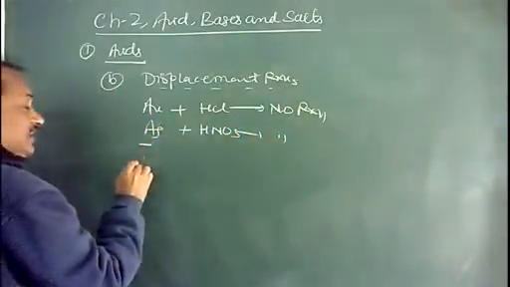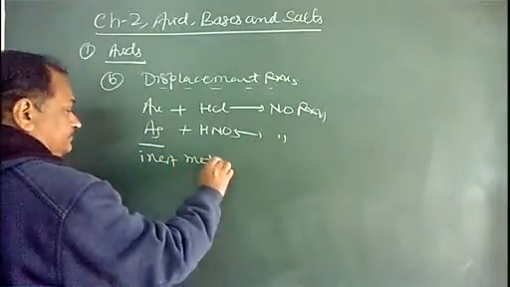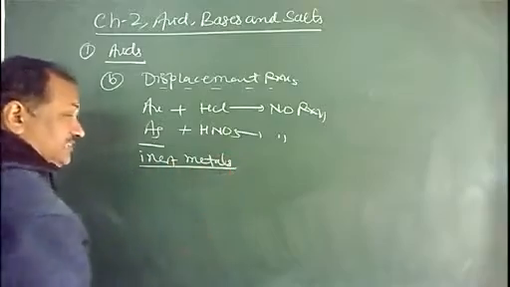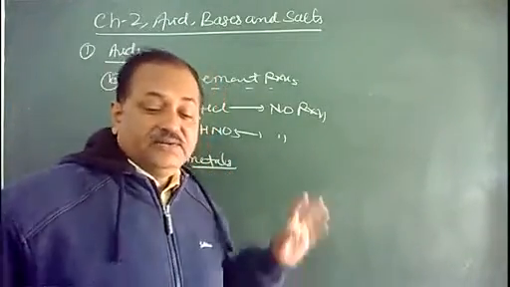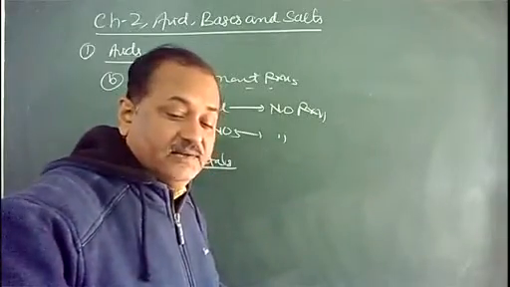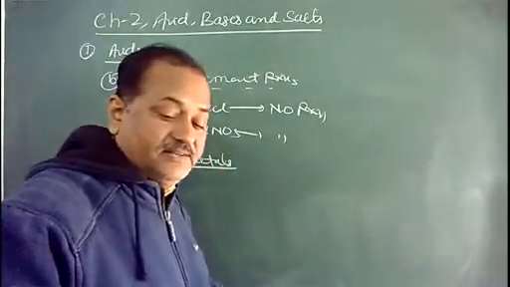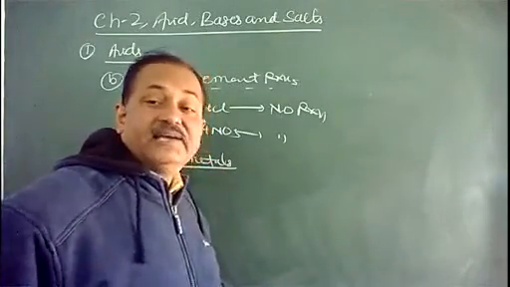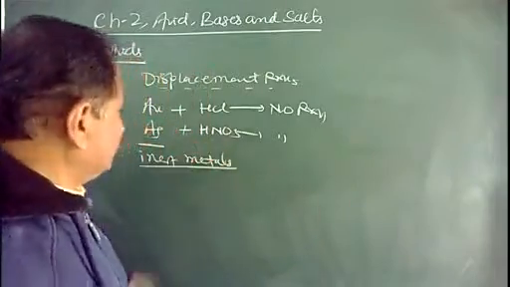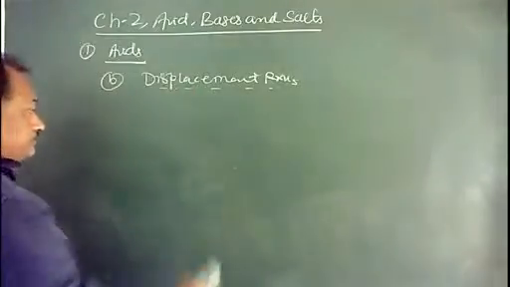Gold and silver are inert metals. They do not react with the normal acids, because they are highly stable. And so they do not undergo any change.